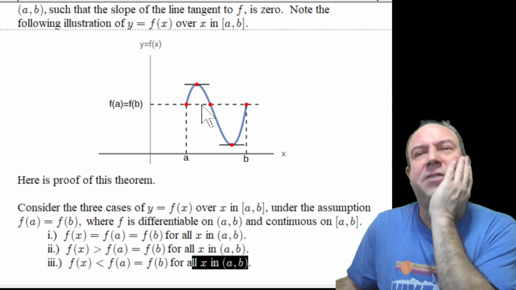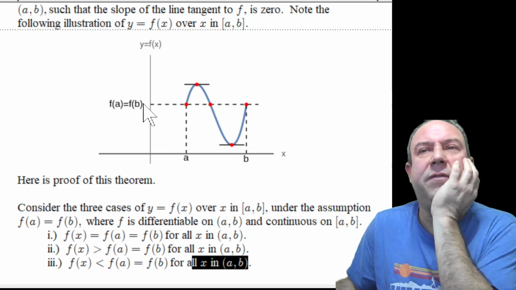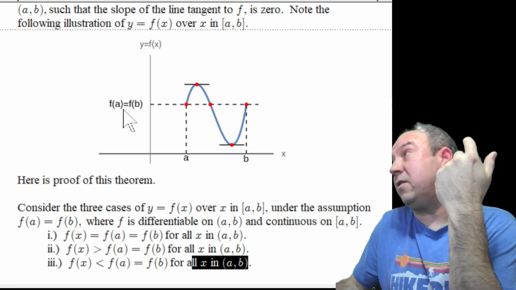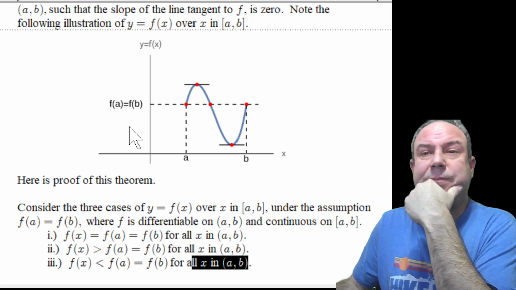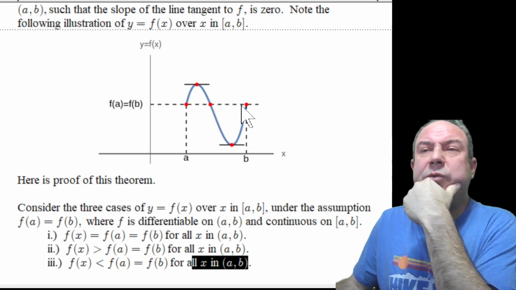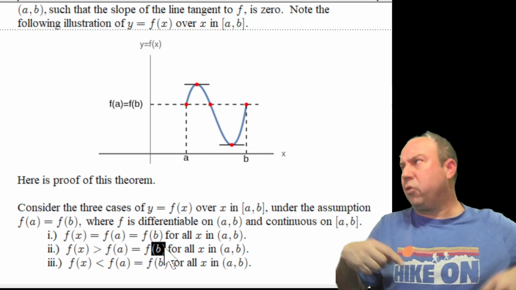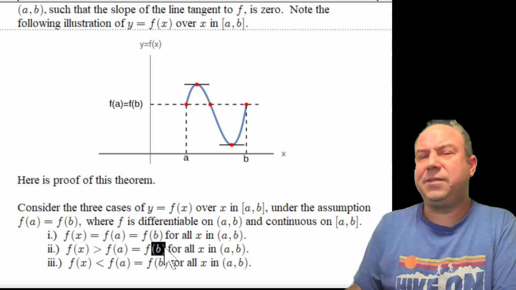And notice that is also the value equivalency there. If we were to call this some other location, it would have an equivalent value to f at a. Or you have the case for what we see here, where f of x falls below those values. In the proof, we have to consider these 3 cases.